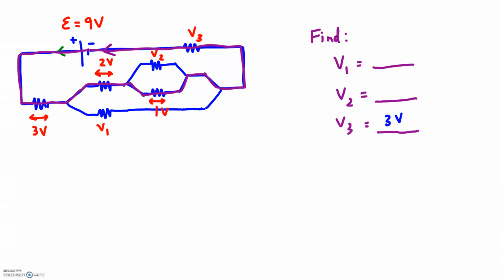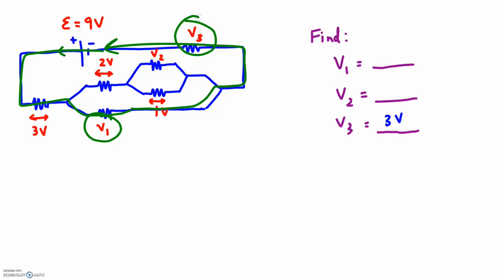Now, how did I know which loop to start with? How did I know which way to go? Well, every time there was a fork, I took the fork with the known potential difference. Pretend for a second you went through this loop. Well, now there would be 2 potential differences we do not know, and if you have 2 unknowns in the equation, you cannot solve that equation.